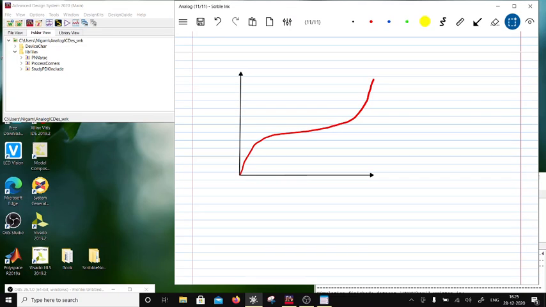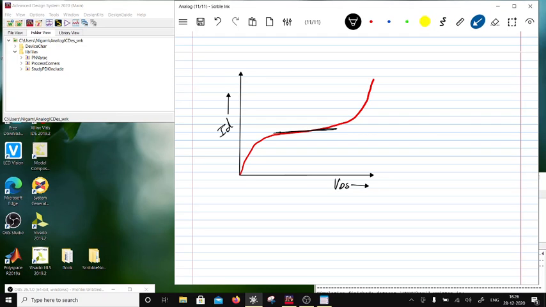Now if I was to achieve this resistance here, so this is this slope. The inverse of this slope is the resistance, because there is a current here, IDS or ID, and then there is a voltage here, VDS.